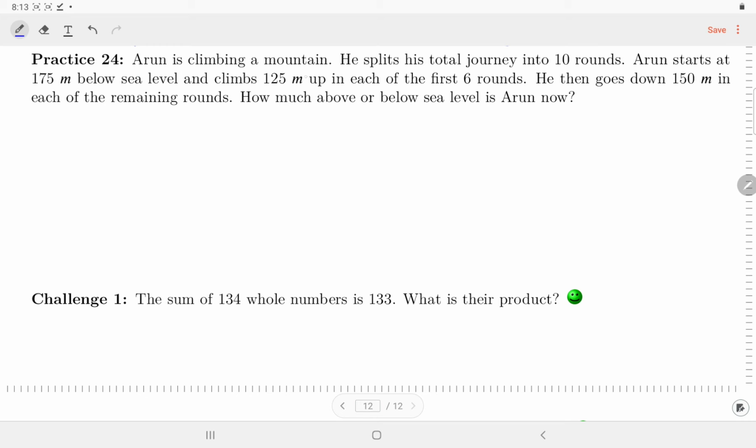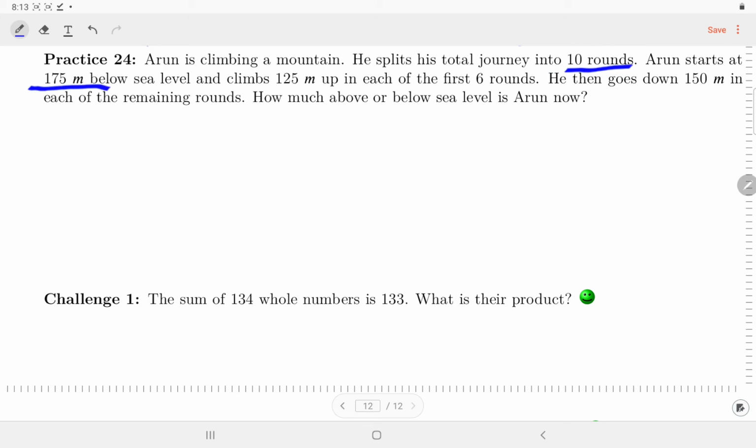Arun is climbing a mountain. He splits his total journey into 10 rounds. He starts at 175 meters below sea level and climbs 125 meters up in each of the first 6 rounds.